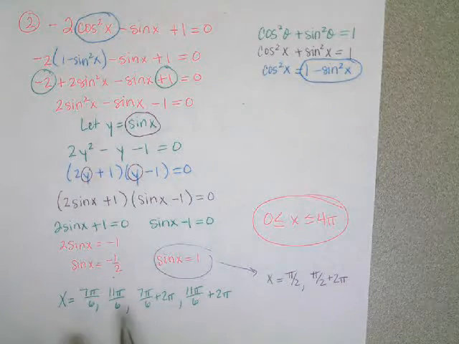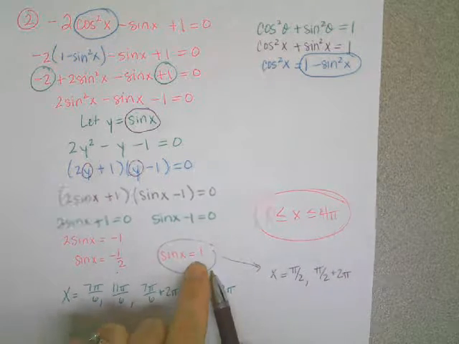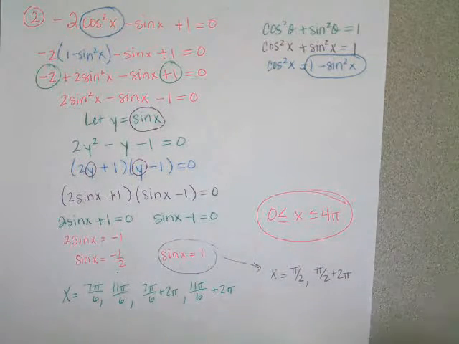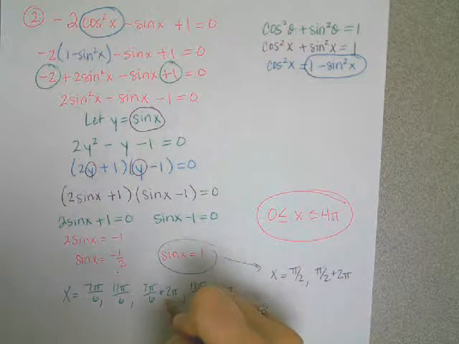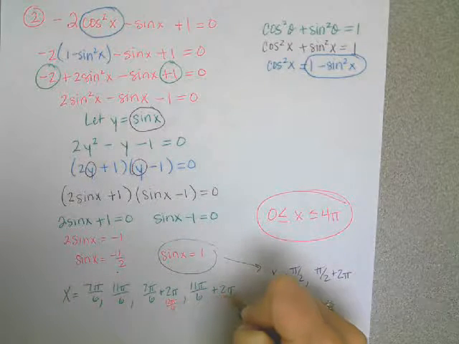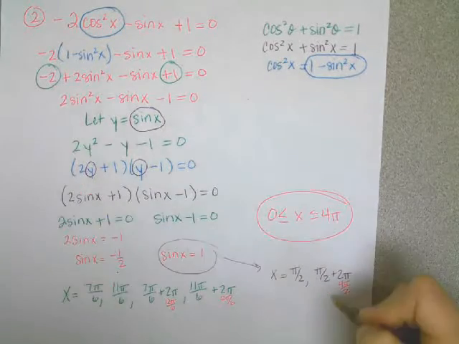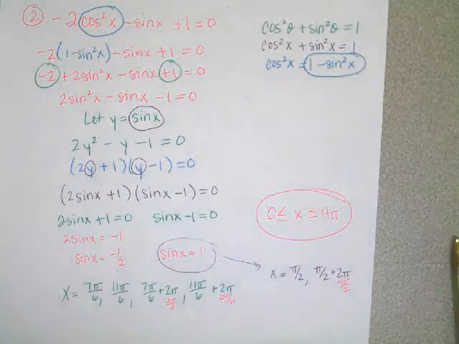So I've got my 4 answers here for negative 1/2, and I've got my 2 answers here for 1. I just need to get a common denominator here. 2 pi is the same thing as 12 pi over 6. And 2 pi is the same thing as 4 pi over 2. I'm just getting a common denominator.